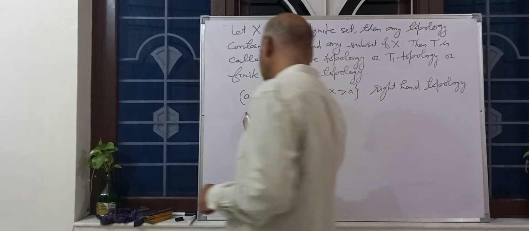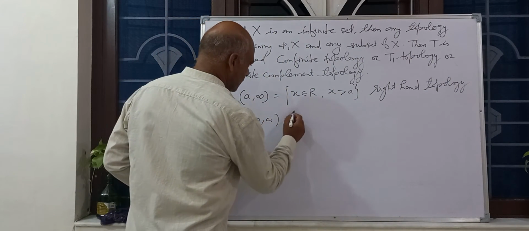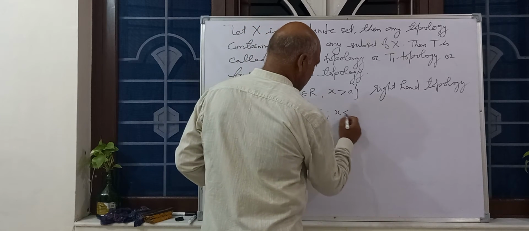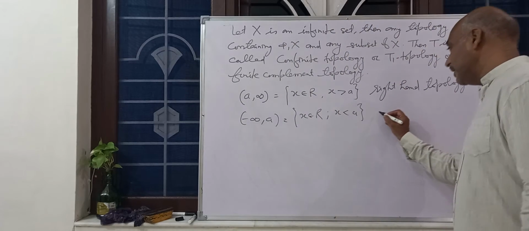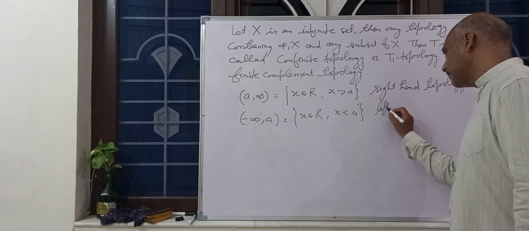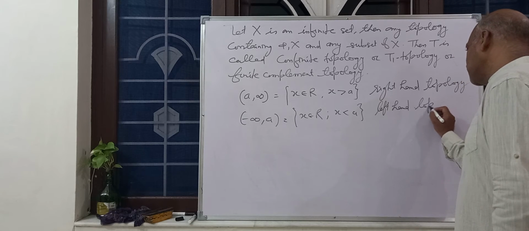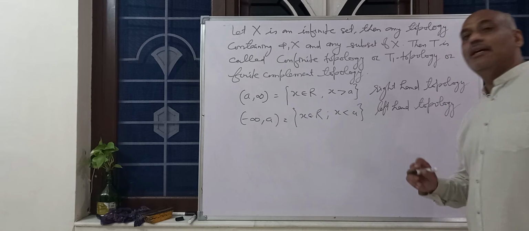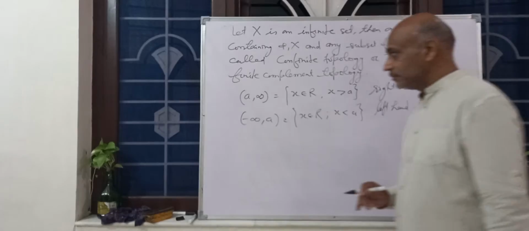Suppose here, like this one, minus infinity to A, where x belongs to R and x is less than A. This is known as left hand topology.